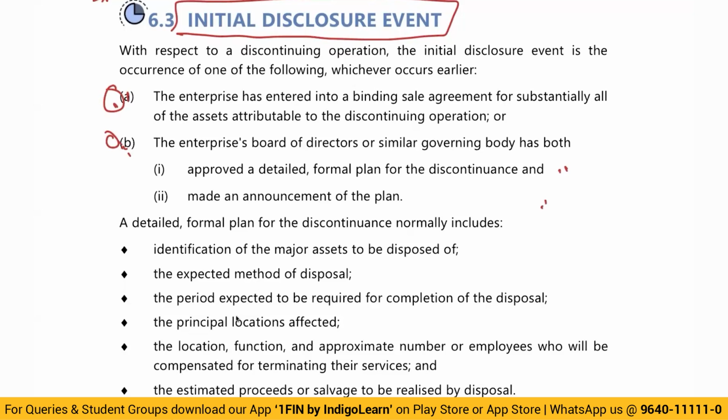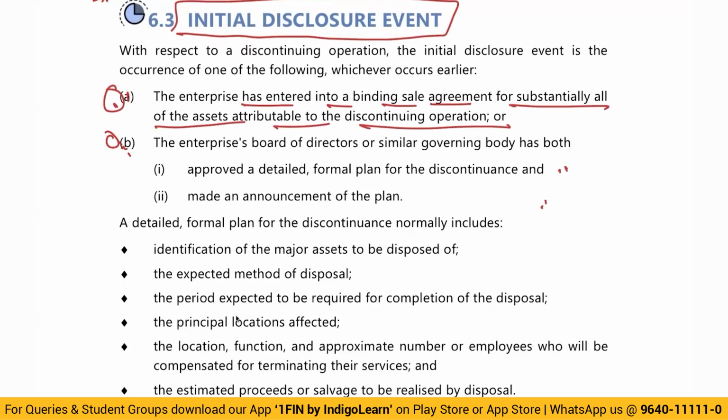So first, if they have entered into a binding sale agreement for substantially all of the assets attributable to the discontinuing operation. Binding sale agreement means we cannot withdraw. We are bound by the agreement. So if we have a binding sale agreement, then we should consider it to be a part of discontinuing operation.